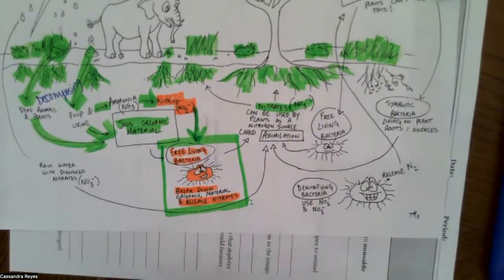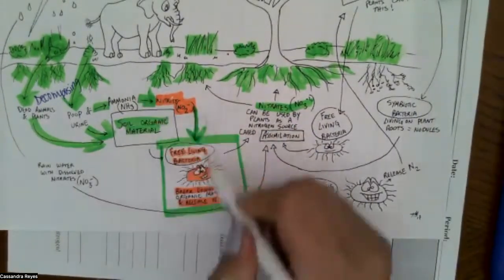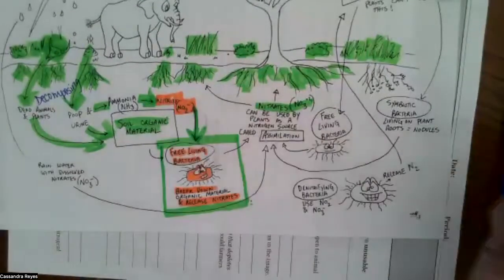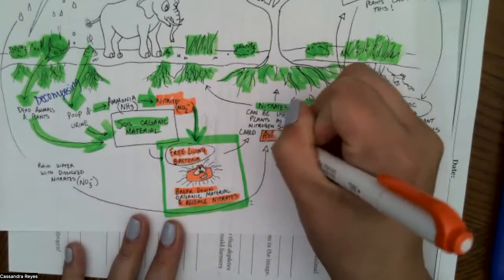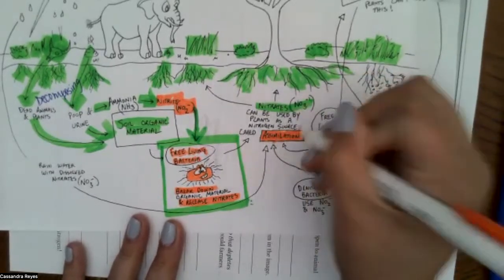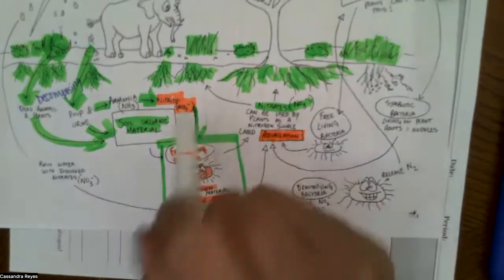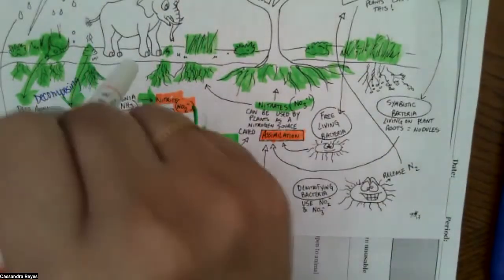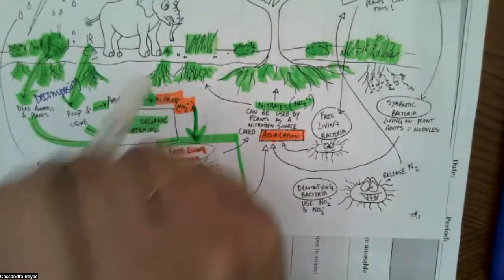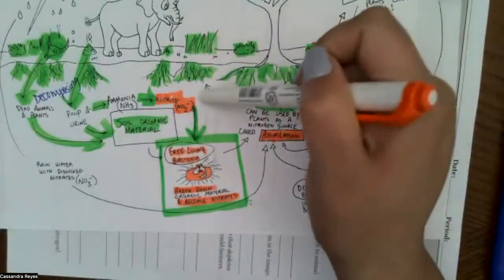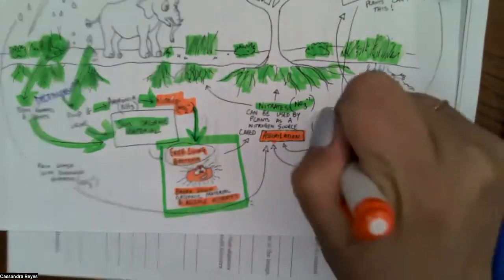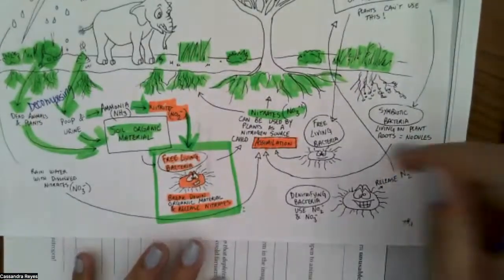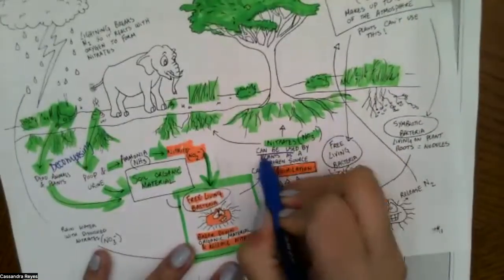Okay, and the process by which these free living bacteria do this is called assimilation. Assimilation is the process where free living bacteria take non-usable nitrogen, aka nitrites, eat it, and break it down into a nitrate, which can be used.